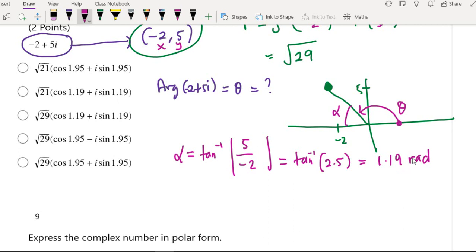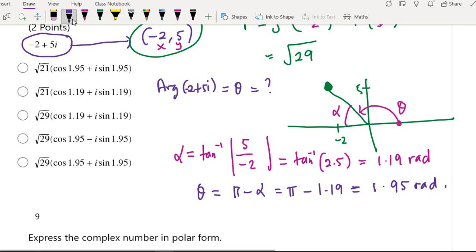So to find theta, theta is equal to pi minus alpha. Pi minus 1.19, using the calculator, is equal to 1.95 radian.